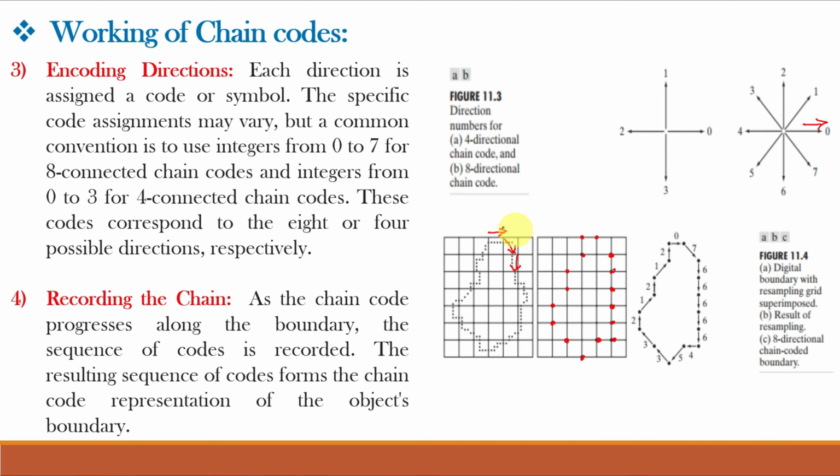So we will write here 0. Next we are going diagonally down. So that is 7. Next we are going down. So for down it is 6. Here we are going left. So left is 4. And finally we record the chain. So this is how we provide chain codes.